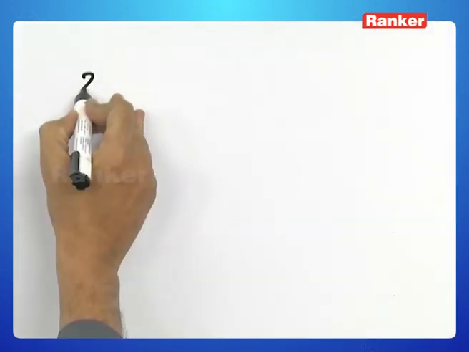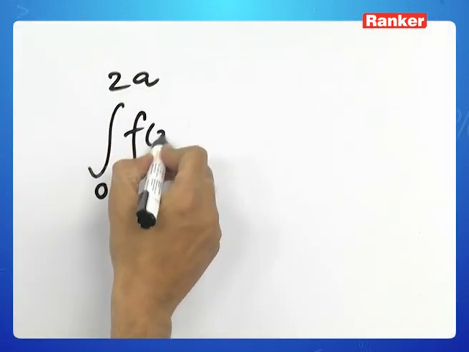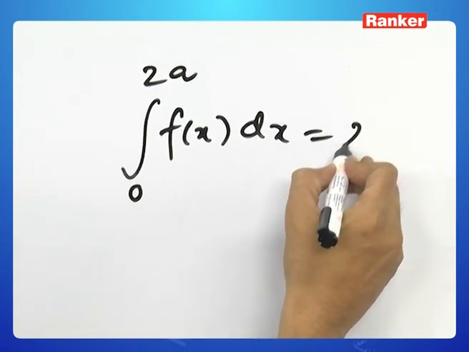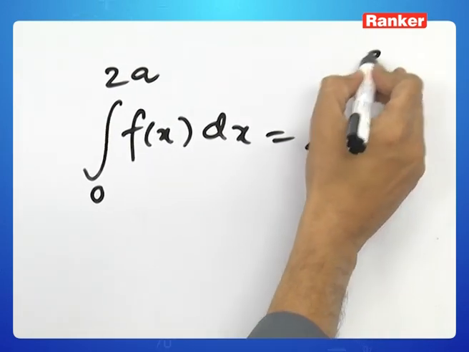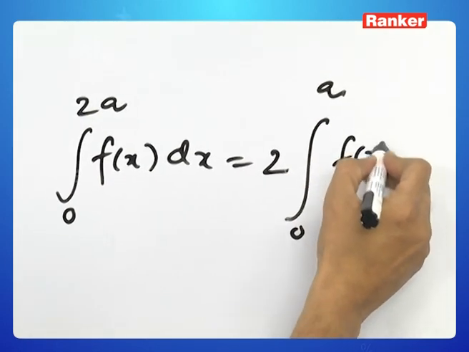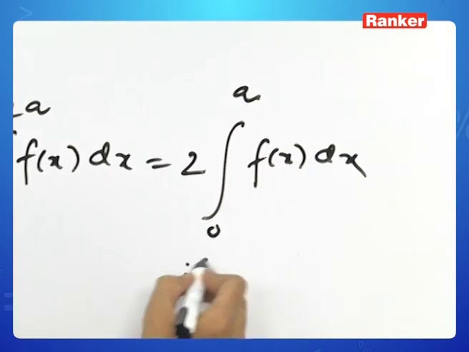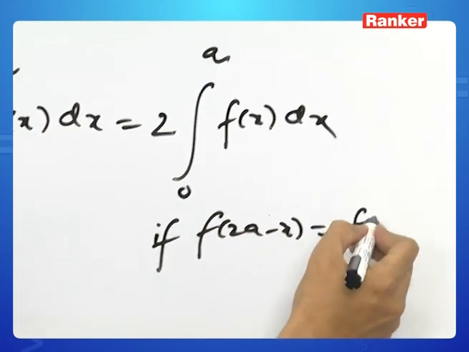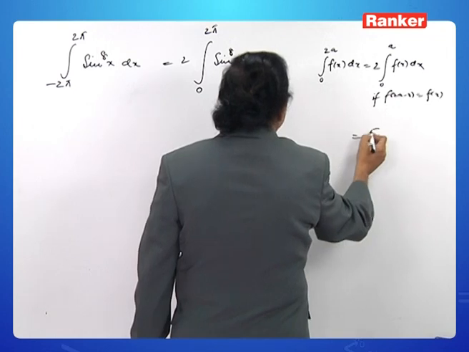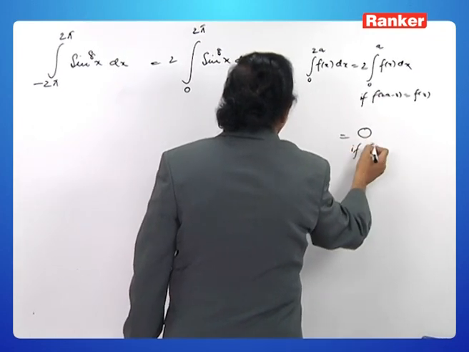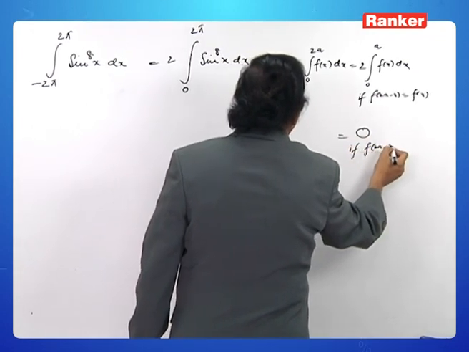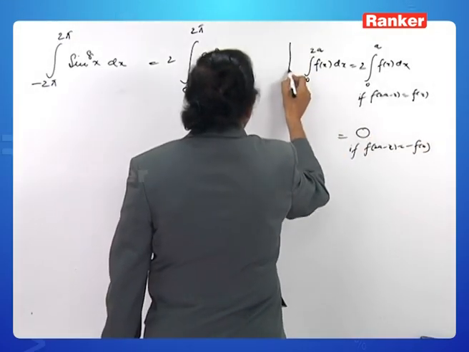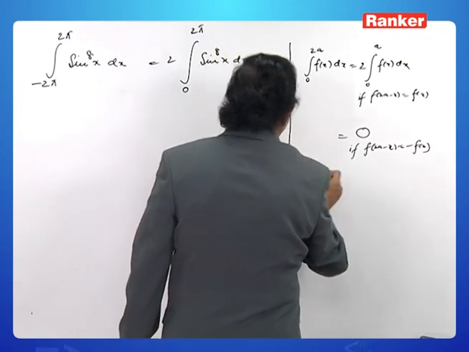Integral 0 to 2a f of x dx is equal to 2 into integral 0 to a f of x dx if f of 2a minus x is equal to f of x. Otherwise, 0 if f of 2a minus x is equal to minus f of x.